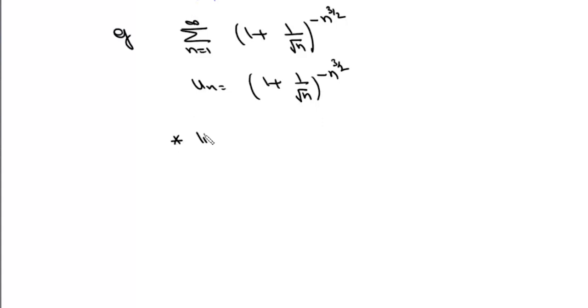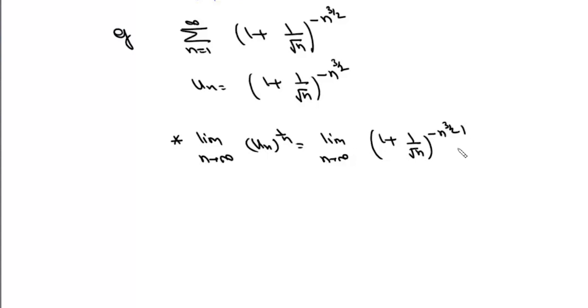So we're going to find this limit n tends to infinite un to the power 1 by n, which is this limit n tends to infinite 1 plus 1 upon under root n minus n to the power 3 by 2 to the power 1 by n.